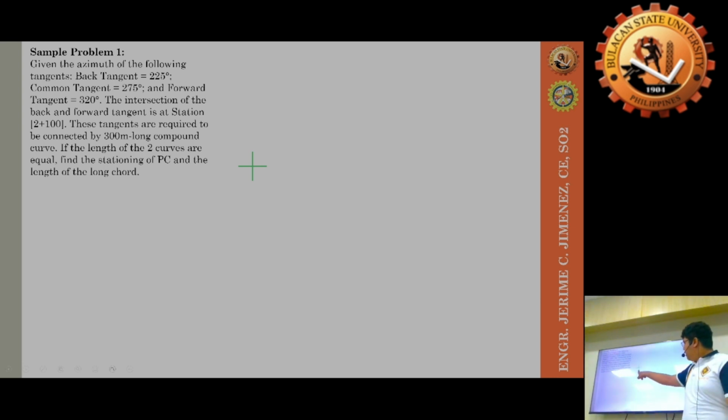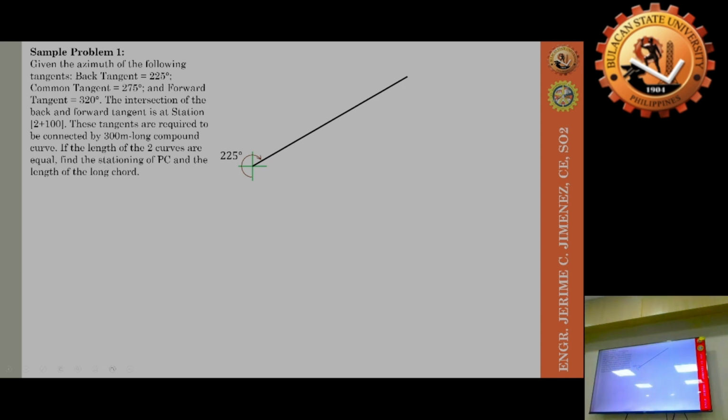So, from 0 degrees sa south, ikot tayo ng 225 degrees. Okay? And then, we draw the back tangent. Okay. So, somewhere dito, sabihin natin dito sa point na to, dyan tayo maglagay ng point.